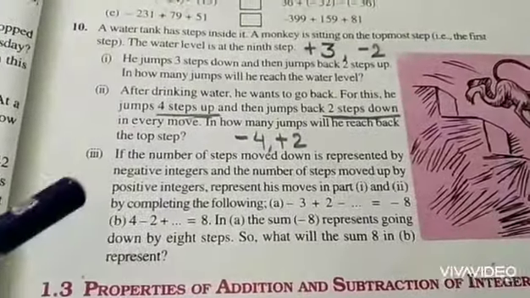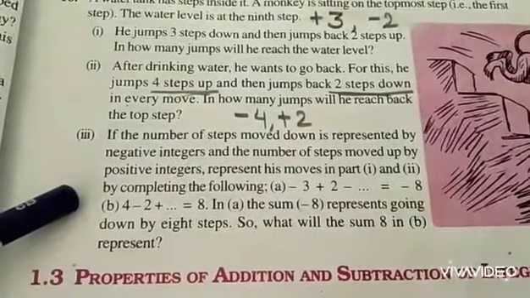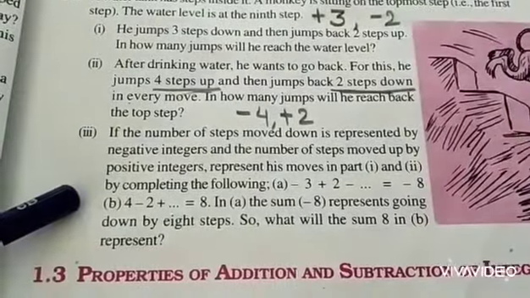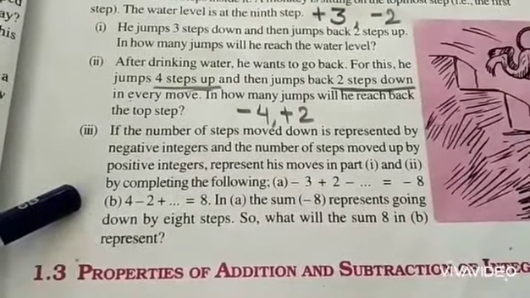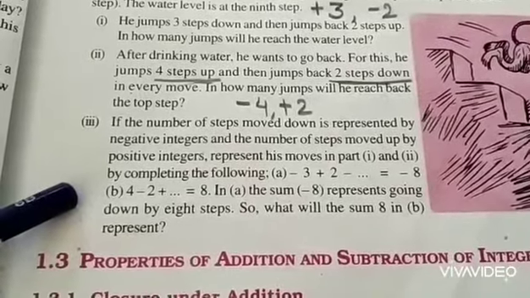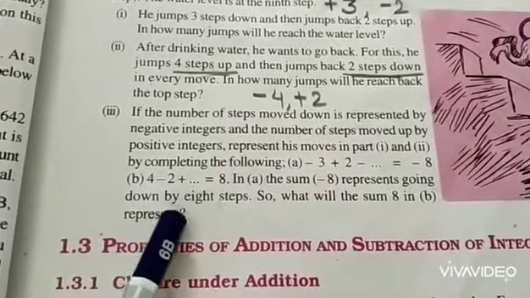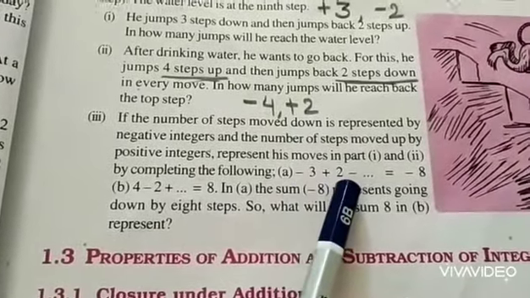Now question number 3 is, if the number of steps moved down is represented by a negative integer and the number of steps moved up by a positive integer, represent these moves in part 1 and 2 by completing the following. So here it is given minus 3 plus 2.